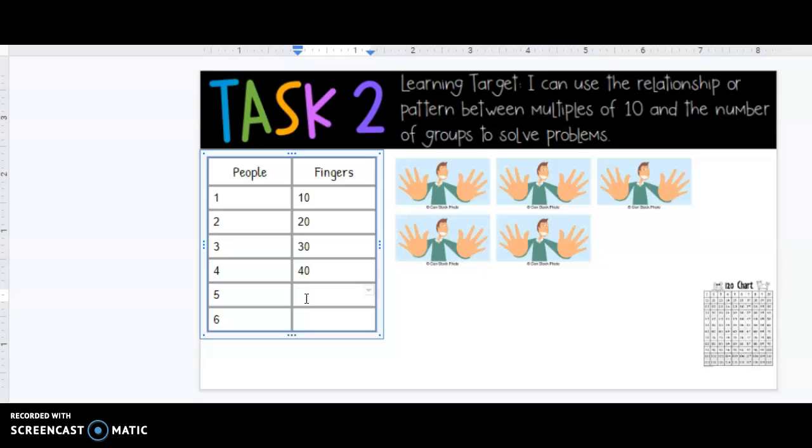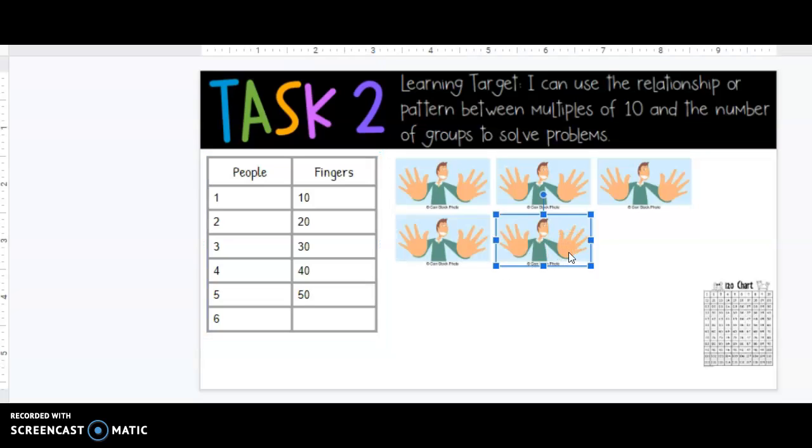How many fingers do 5 people have? And remember, you're at home, so you can just shout out the answer without even having to raise your hand. 50. And last row on our table asks how many fingers do 6 people have?